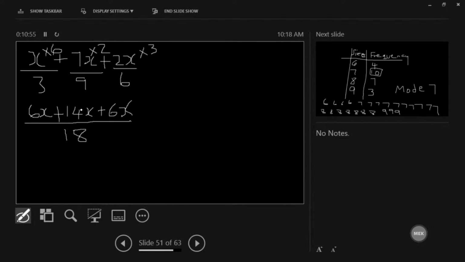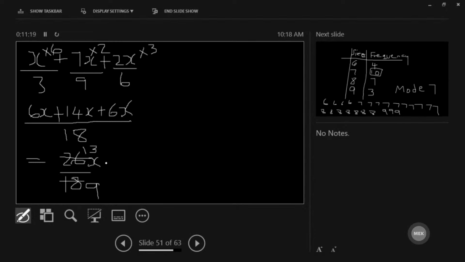6x plus 14x will give 20x, plus 6x. So that gives 26x over 18. And we can reduce this using 2. 2 into 18, 9. 2 into 26, 13.